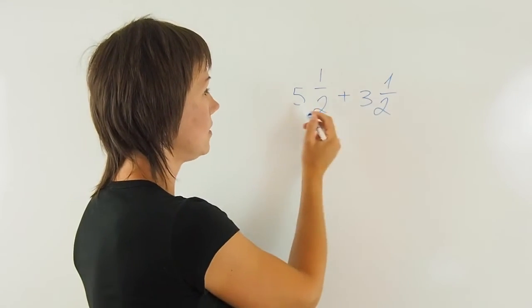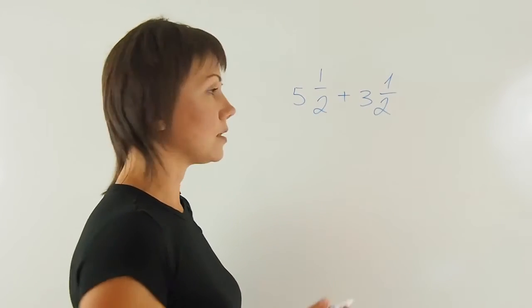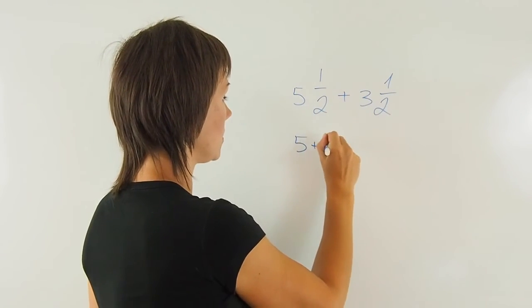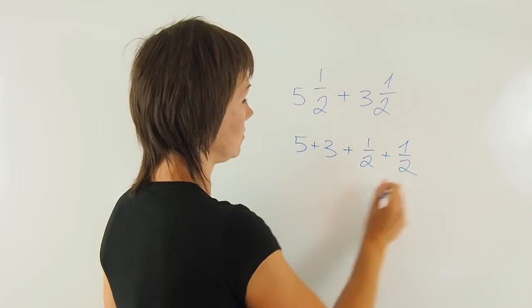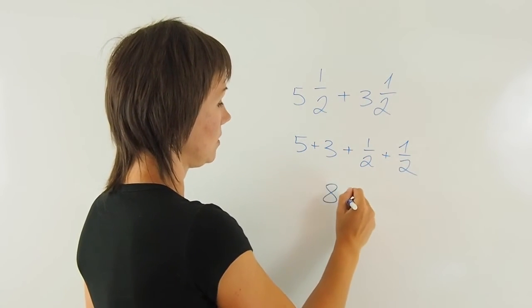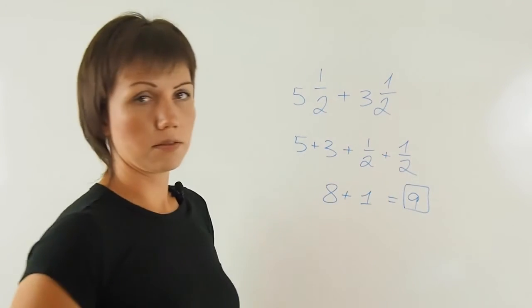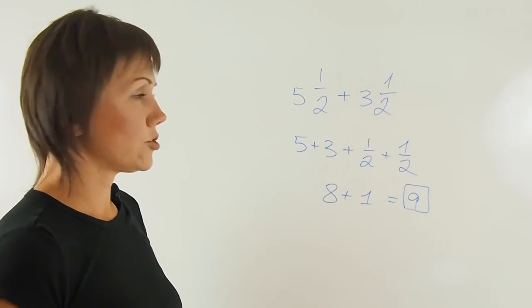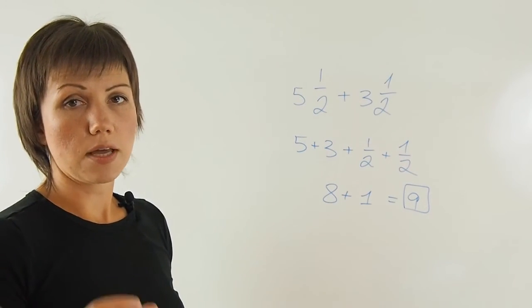Just add the whole parts separately and fractions separately. So 5 plus 3 plus 1/2 plus 1/2, and you'll end up with 8 plus 1. That gives you 9.